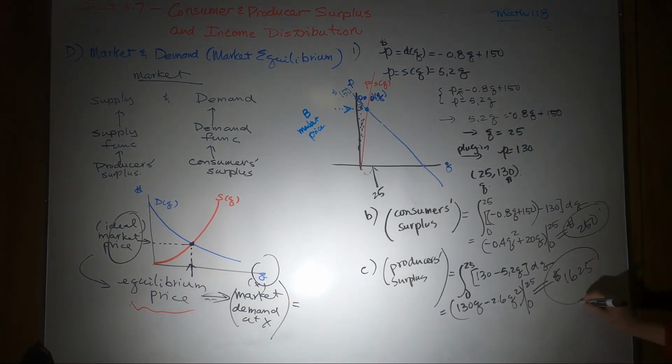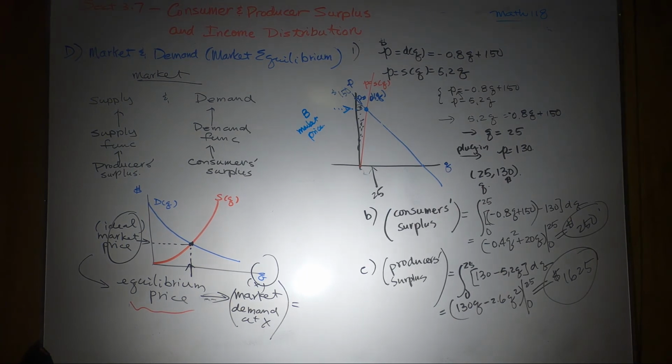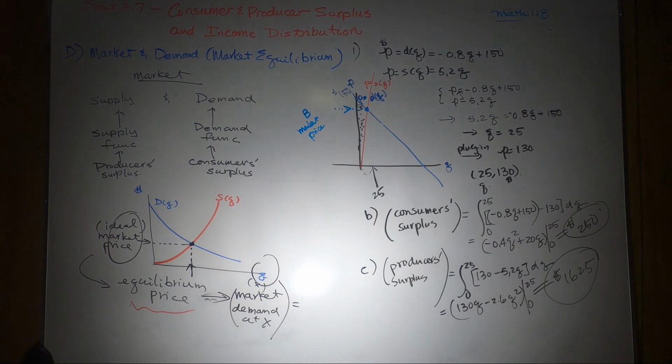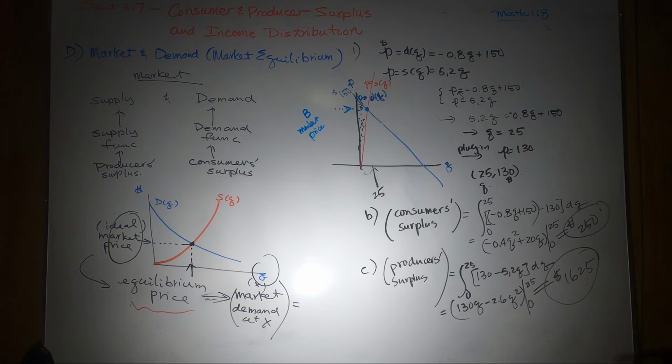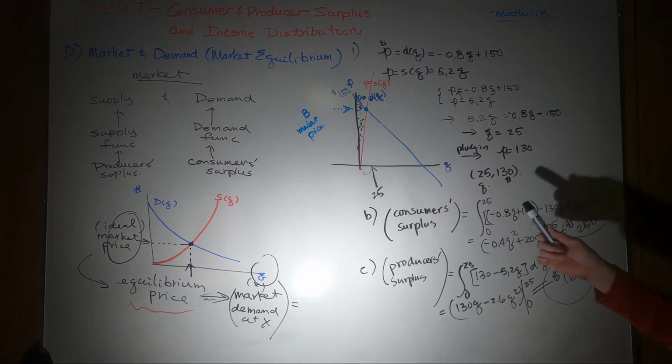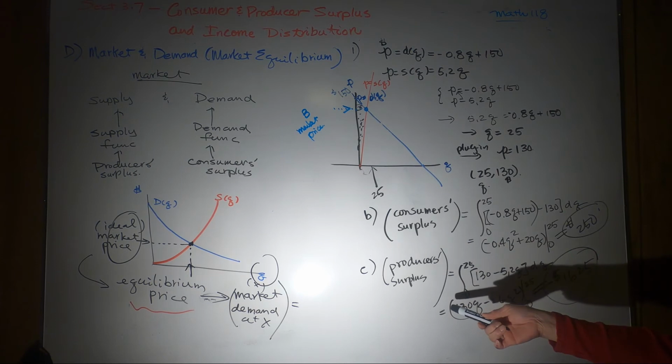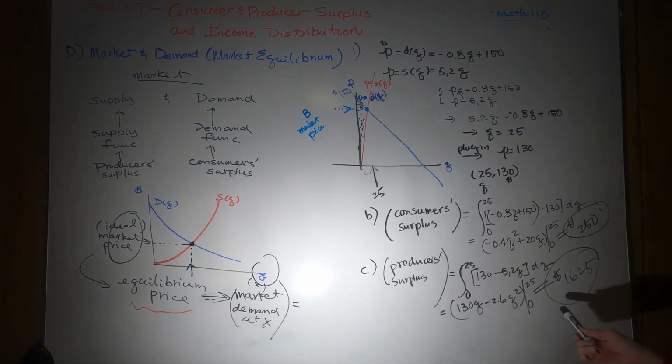That would be 1625. So that would be your producer's surplus. At this balance point, then you understand the market better. You know how much consumers are willing to spend at this point, at the market price, and how much producer surplus they have potentially for investment.